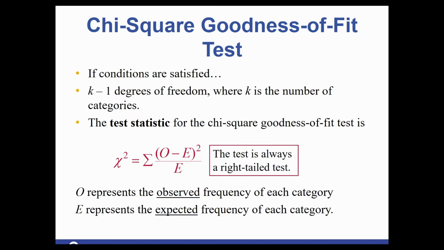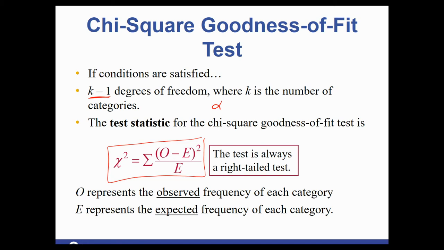Now, if your conditions are met, we can find that critical value with our chart using k-1 degrees of freedom, k standing for categories. However many possible outcomes you had, minus 1 for your degrees of freedom, and then your alpha is the other piece on that table. Whatever is given to you is the one you use. Our test statistic formula is here in the middle in red.